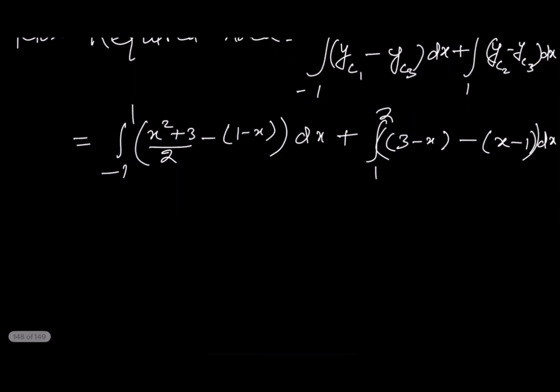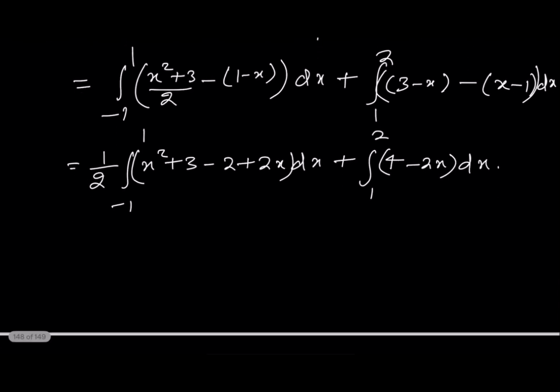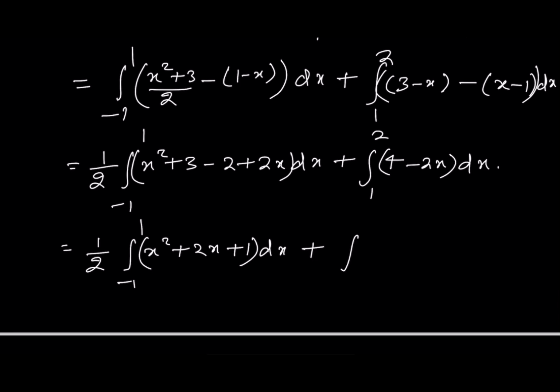So now we can solve. It will be half times the integral from minus 1 to 1 of (x square plus 3 minus 2 plus 2x) dx, plus the integral from 1 to 2 of (4 minus 2x) dx. So it will be half times the integral from minus 1 to 1 of (x square plus 2x plus 1) dx, plus the integral from 1 to 2 of (4 minus 2x) dx.